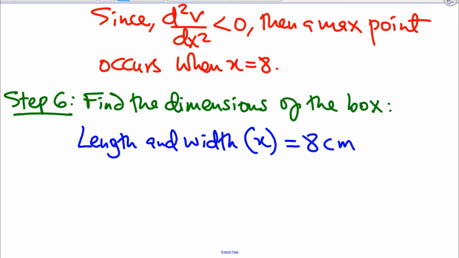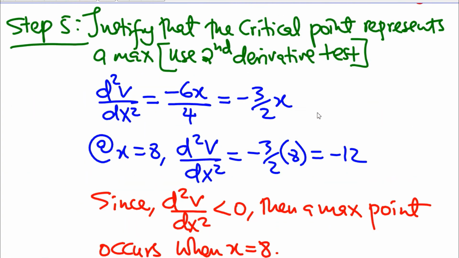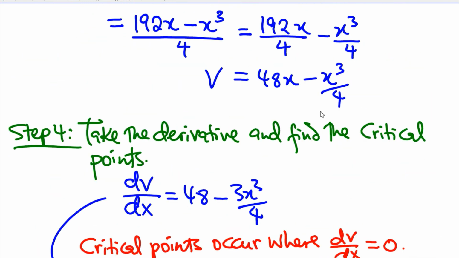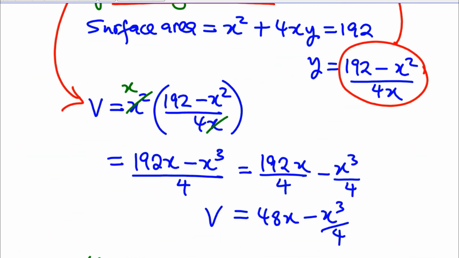The height of this box, which is represented by y, will be, now remember, we came up with an equation representing y while we were solving this question. So y is 192 minus x squared over 4x.